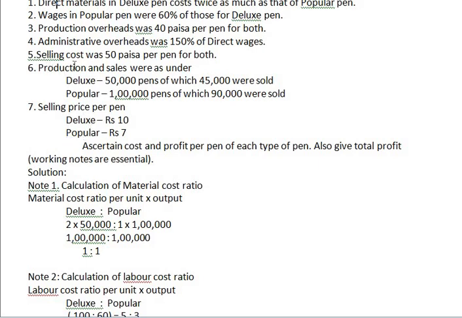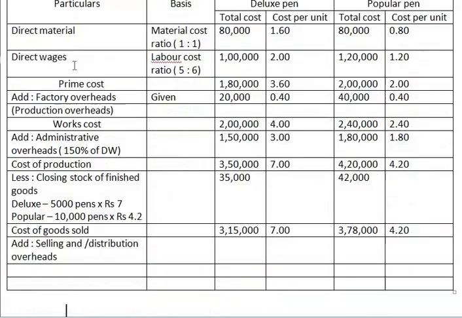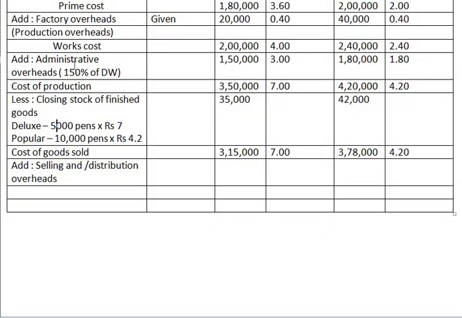Selling cost was 50 paise per pen for both. Okay. Now selling cost will be calculated on what? On number of pens sold. So this is given. Okay. 50 paise they have told, right?